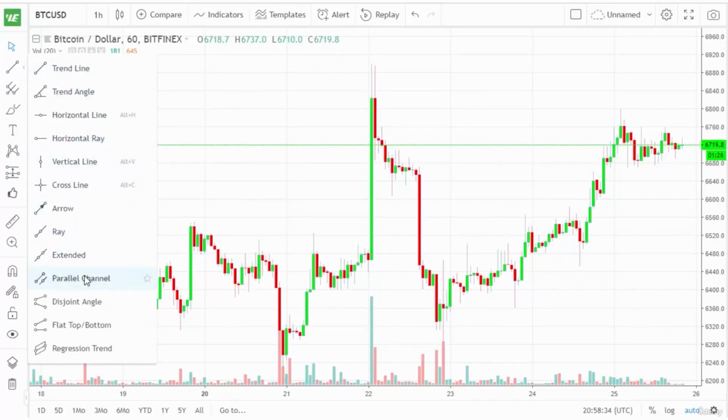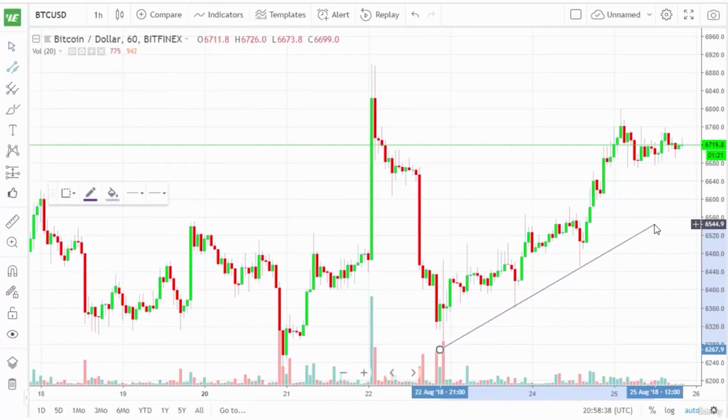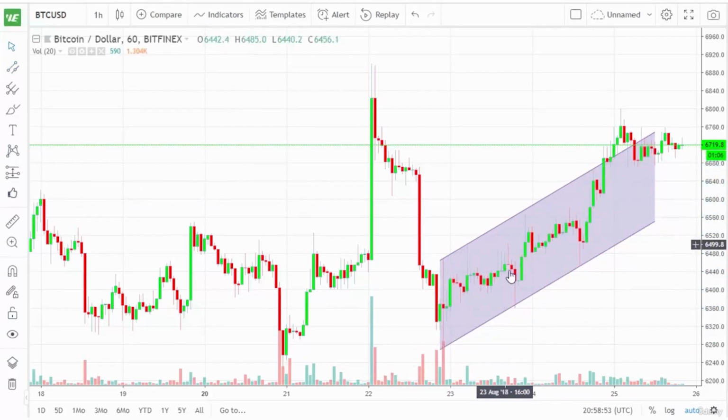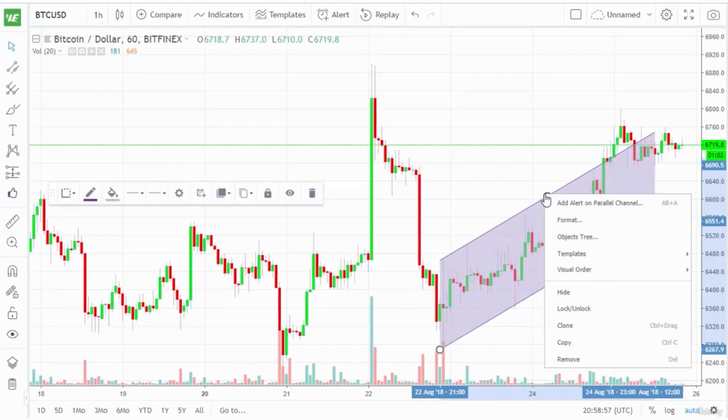You can click on the submenu in the line chart for parallel channel. It functions very much like a trend line in the sense that you drag it, and then when you go to close it, you drag it, in this case, up, and you can see that there's a purple area, and of course you can format this just as you can any other drawing.